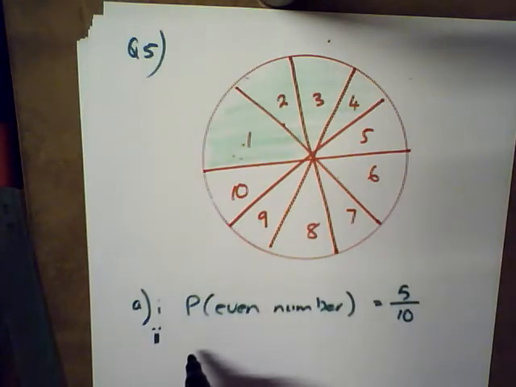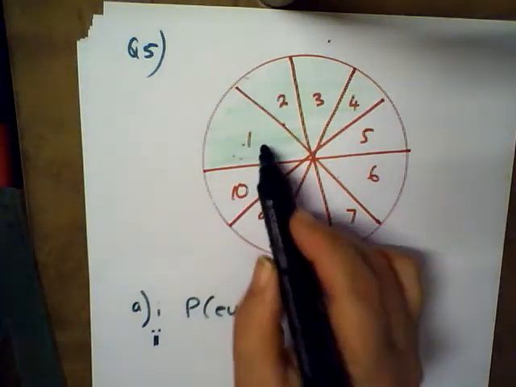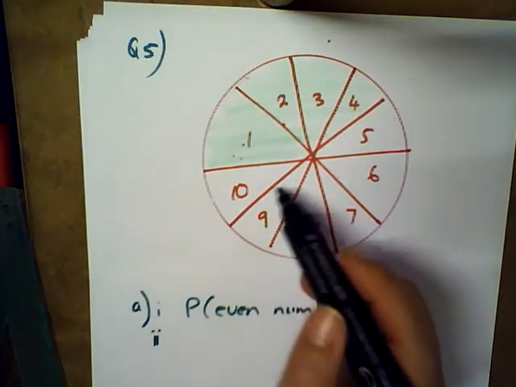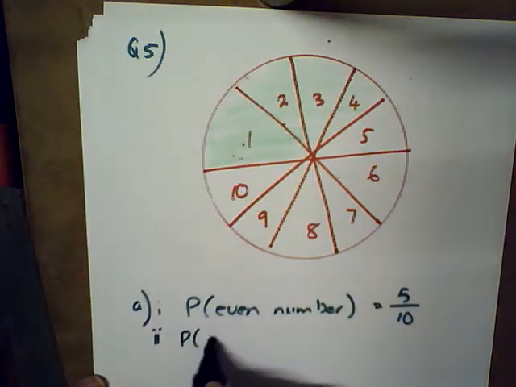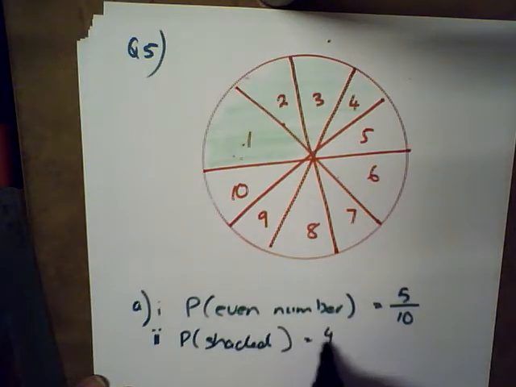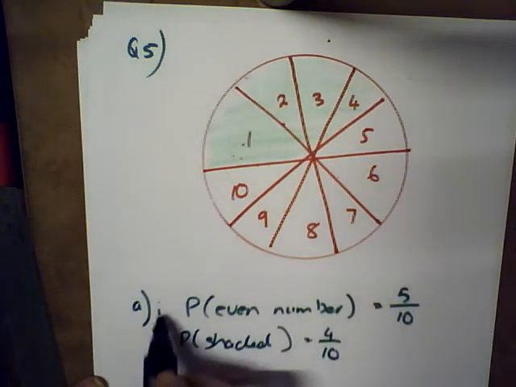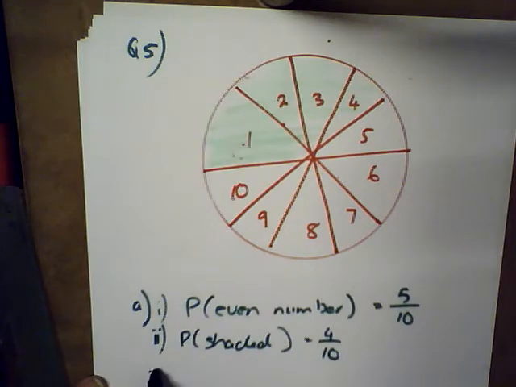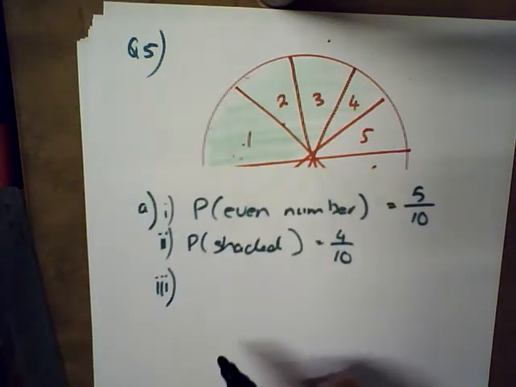Number 2. This sector is shaded. There are 4 parts shaded out of a possibility of 10. So that would give you 4 out of 10. Number 3. It is even or the sector is shaded.